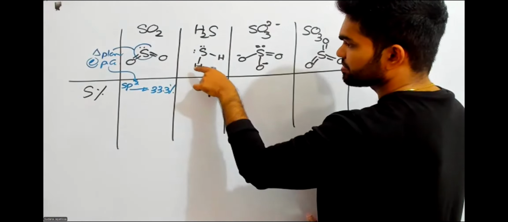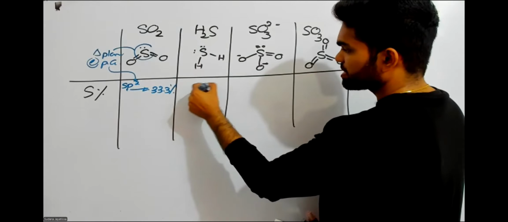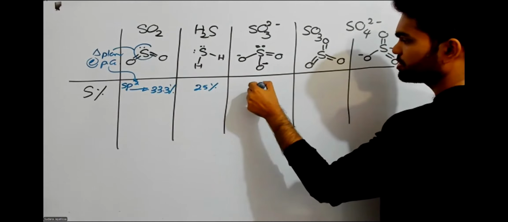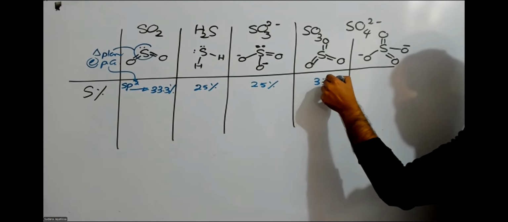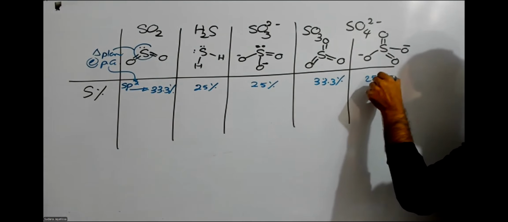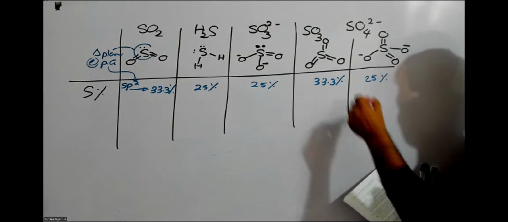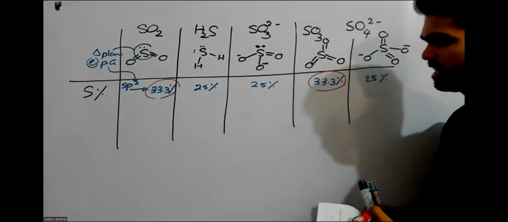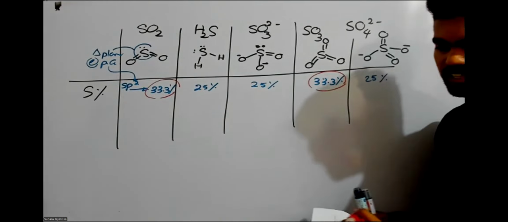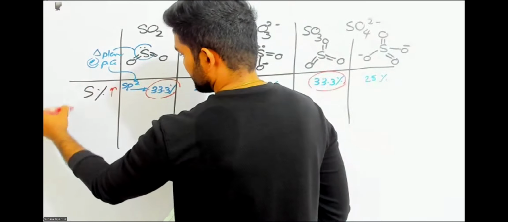And this is tetrahedral electron pair geometry and sp3, so 25% s character. So this is also tetrahedral geometry, 25%, 33.3%, and 25%. Now you can see highest electronegativities should be for these two. And lowest for this, as s character is higher, electronegativity will be high.